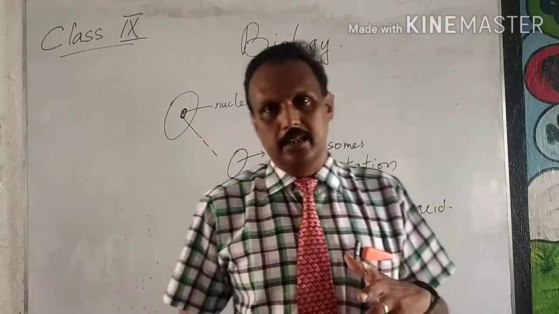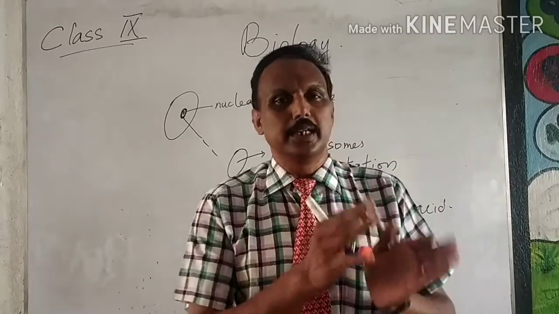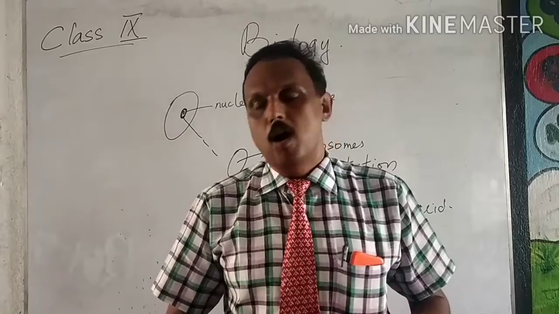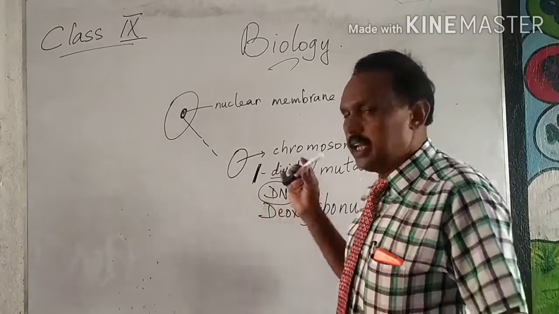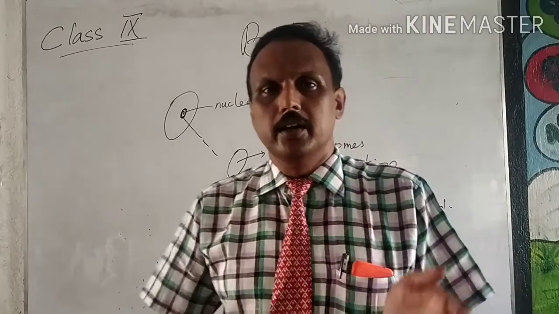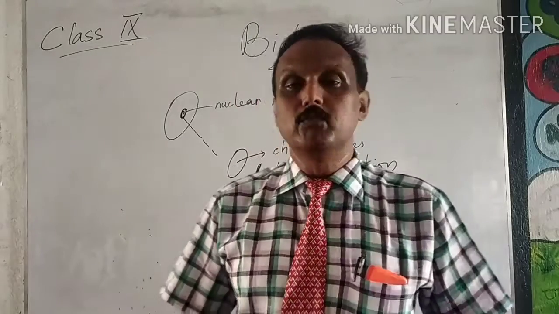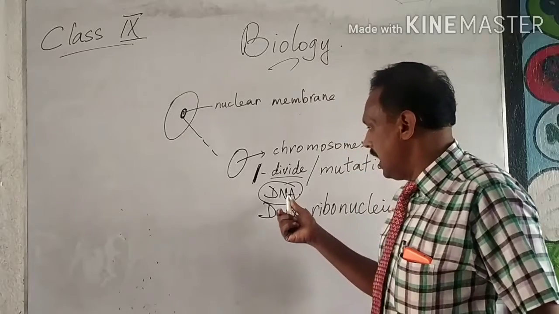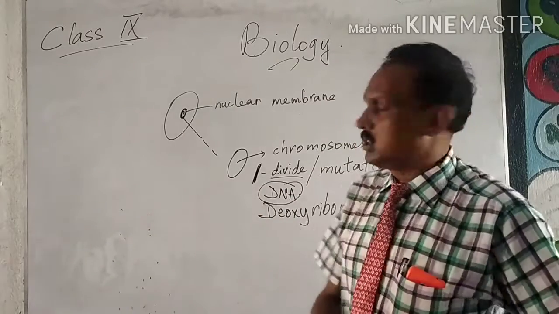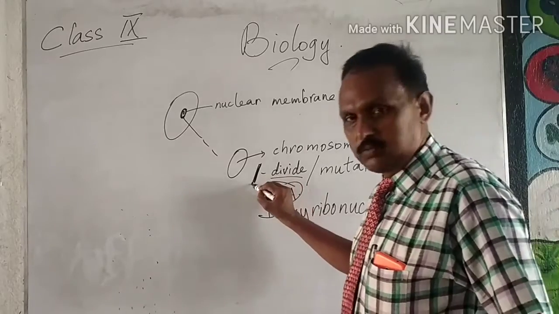Offspring means children from the parent. For example, a dog will not give birth to a cat, and that's what we mean by offspring. When you study the DNA, we will understand the characteristics of the baby, which parents' characters are being formed into the child. And it is only when it is dividing that we see it as this rod-like structure.